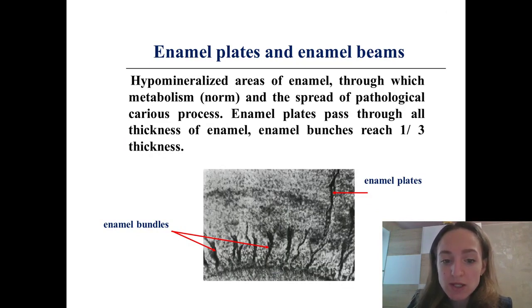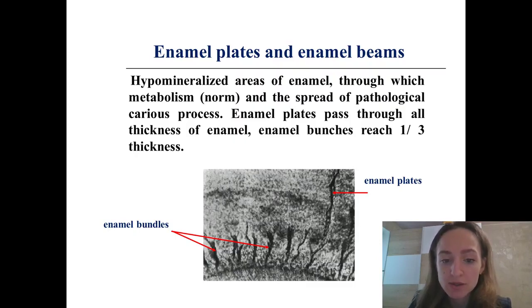The striae of Retzius appear as concentric circles in horizontal section of a root. In vertical section, the striae are positioned transversely at the cusps and incisal areas in a symmetric pattern. Then, elevations between the growth lines are called perikymata.